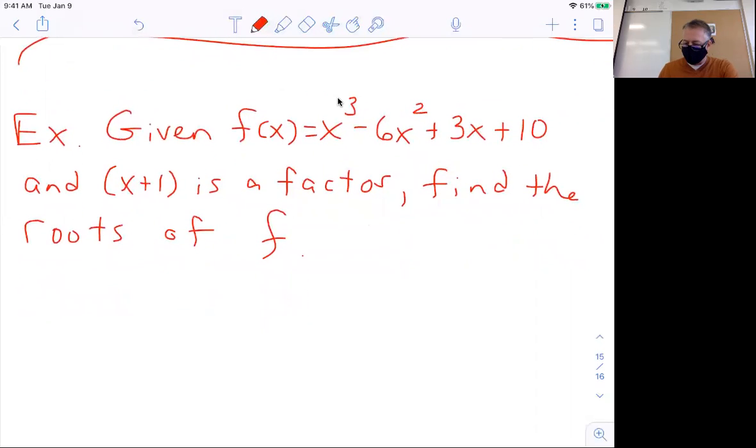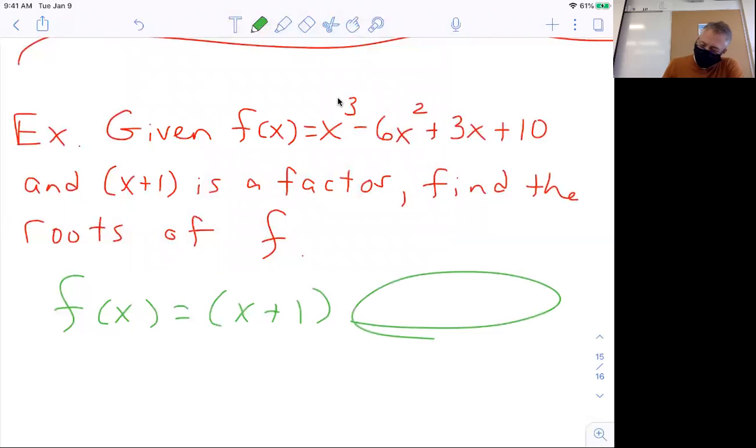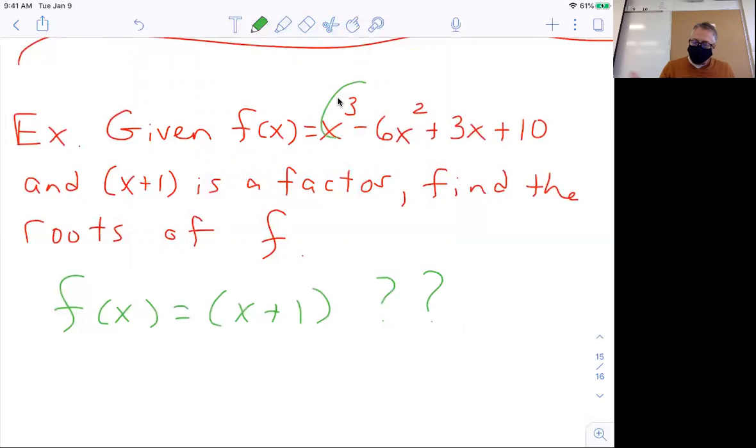So given f of x is x to the third minus 6x squared plus 3x plus 10, and x plus 1 is a factor, we want to find the roots. So to write it in factored form, we already have one of the factors, f of x is equal to x plus 1. We're going to have to fill in the other two parts. And I know there's two of them because it's a third degree polynomial.